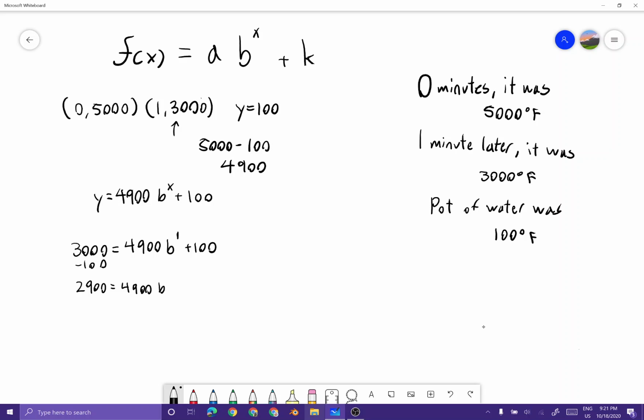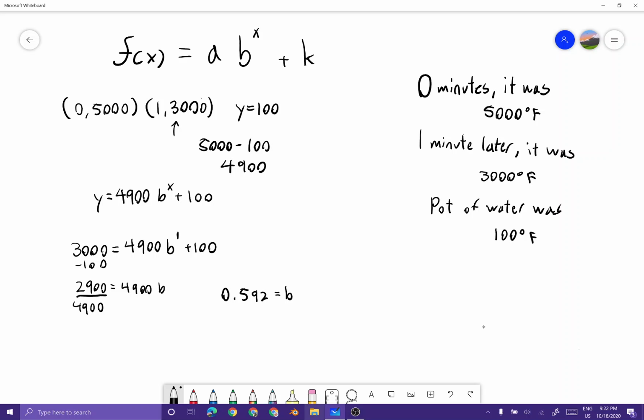Now we need to find b. 2,900 divided by 4,900, which is 0.592, equals b.